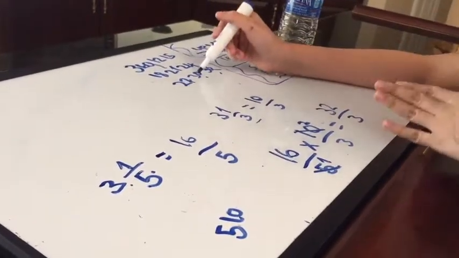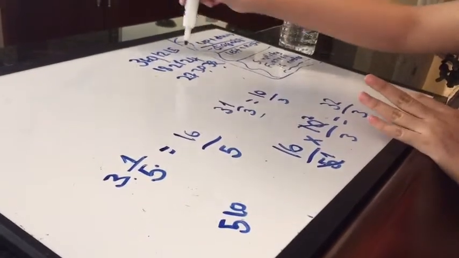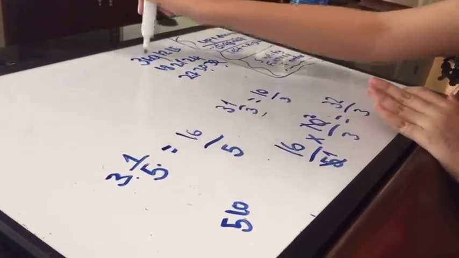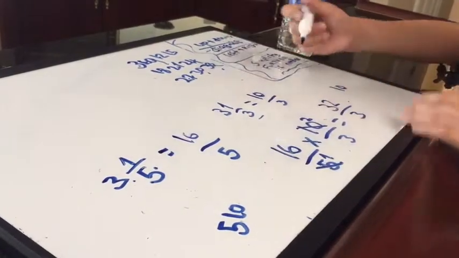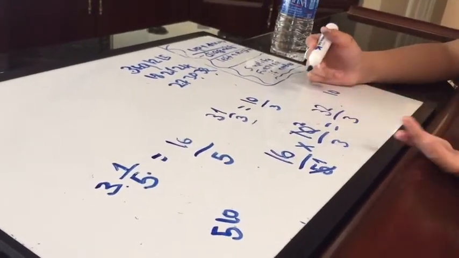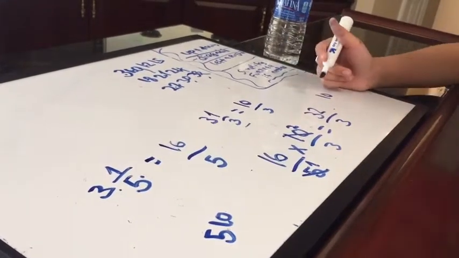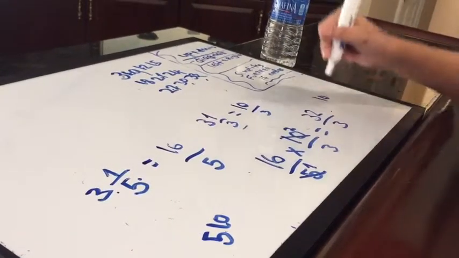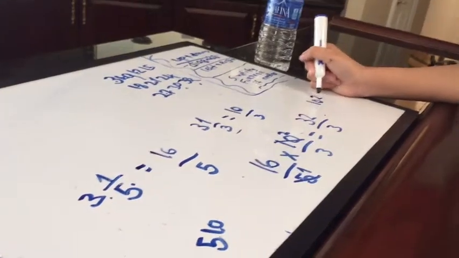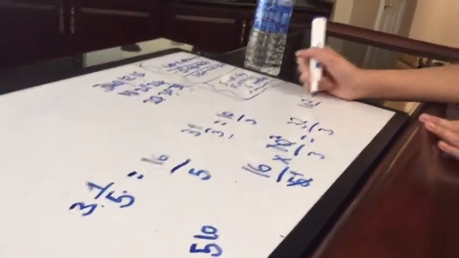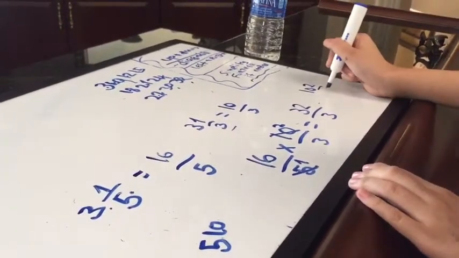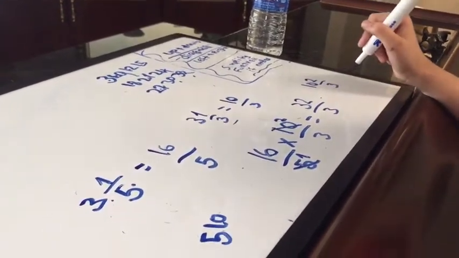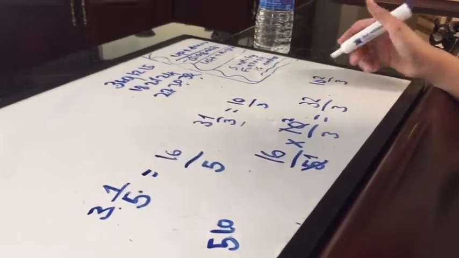We count how many we got: 1, 2, 3, 4, 5, 6, 7, 8, 9, 10. So that's going to be 10. Since we used 30, there's still a 2 left, and we can't just leave it out, so we take the 2 and put it right here as our numerator. Then we add in the denominator, which is 3. And so this is the answer.